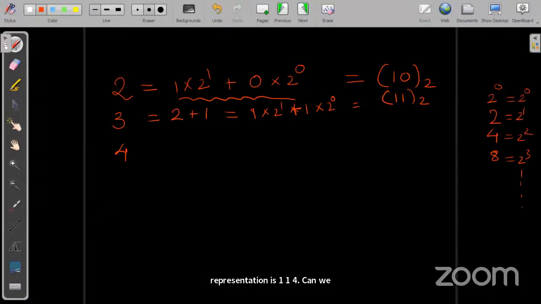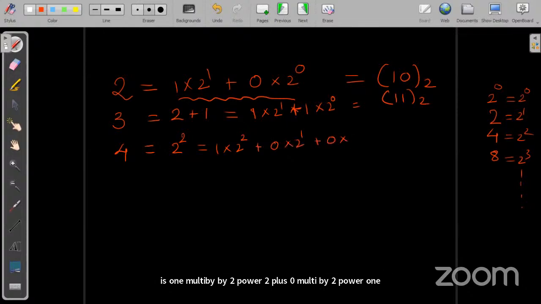Similarly, for 4, what is the binary representation of 4? 4 I can write as 2 power 2 itself. So this is 1 multiplied by 2 power 2 plus 0 multiplied by 2 power 1 plus 0 multiplied by 2 power 0, which is 1, 0, 0.